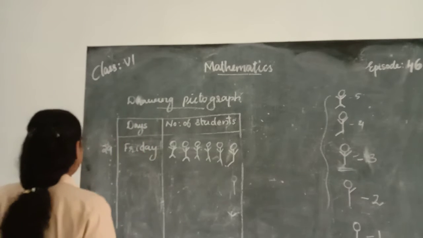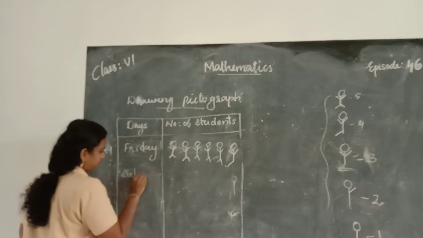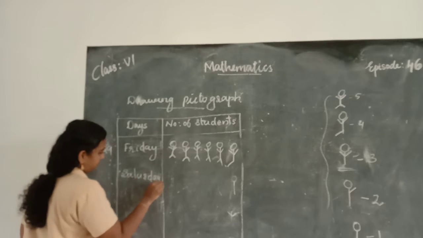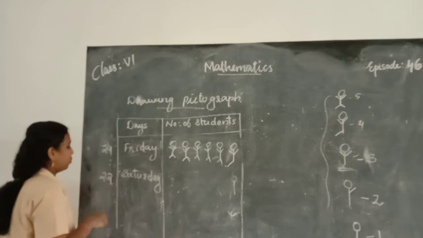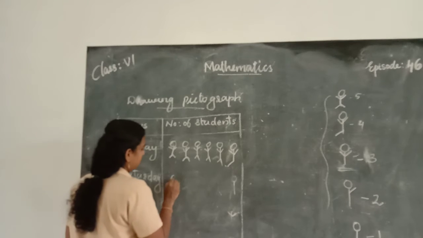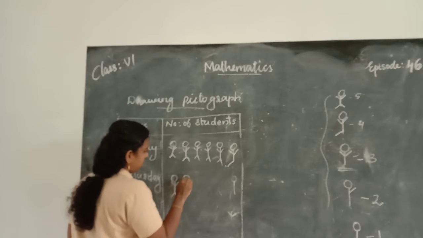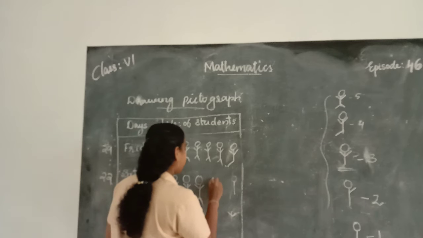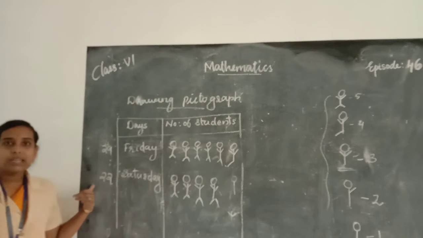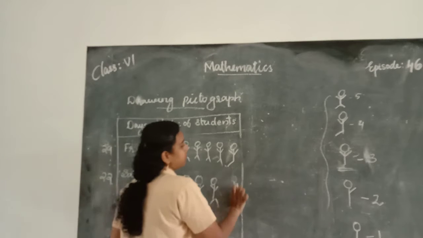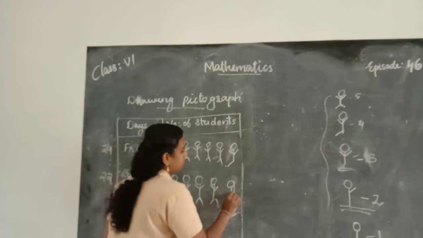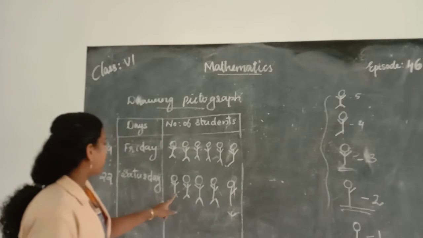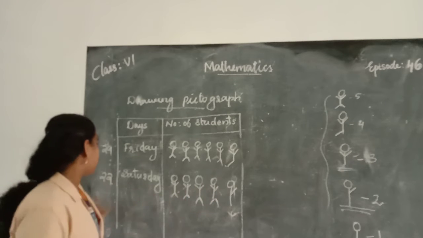And on Saturday, 22. So it's 5, 10, so 5 plus 5 plus 5 plus 5, 20, 20 plus 2, 22.